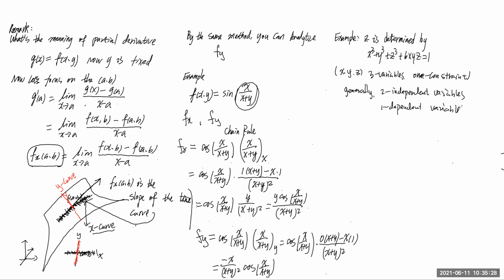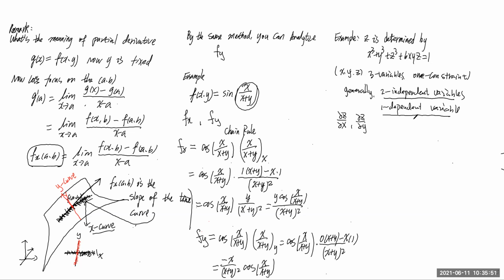And that means you have 2 independent variables. Automatically, we can ask, okay, what's partial z, partial x, or partial z, partial y?